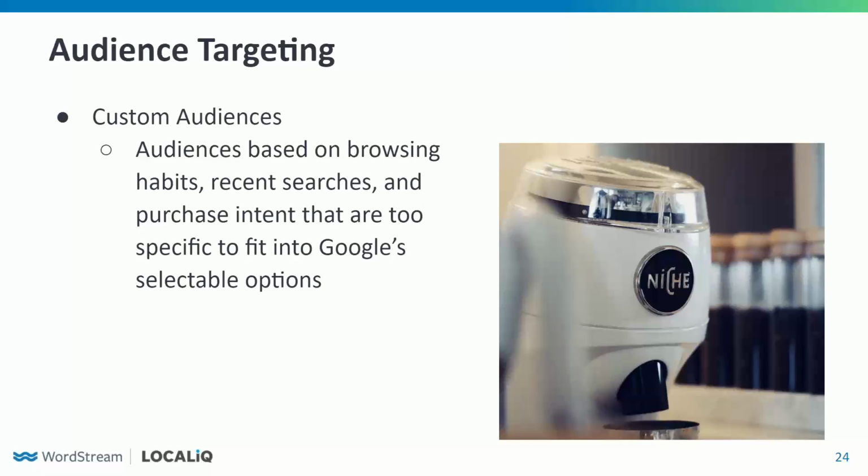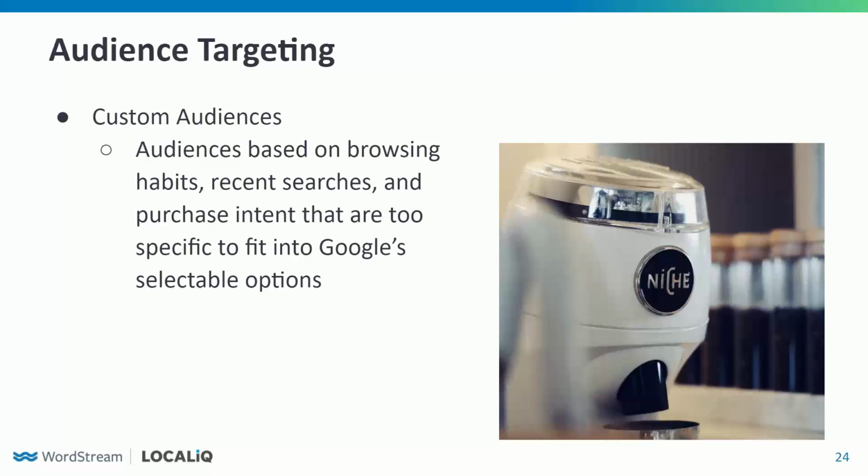And finally, the last audience target that we're going to go over is custom audiences. Custom audiences are incredibly useful for when we are trying to target someone who's a little bit too niche for what Google's audience targeting options have readily available for us.